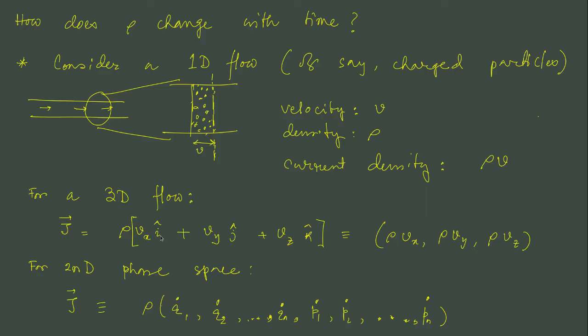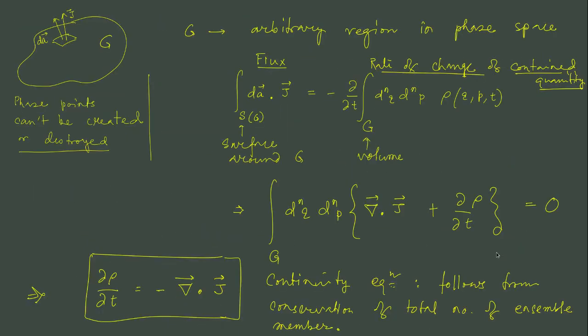Instead of using the unit vectors, this can be represented simply by the tuple rho vx, rho vy, and rho vz. And for a 2n-dimensional phase space, rho will be multiplied by q1 dot, q2 dot, up to qn dot, and all the p dots.